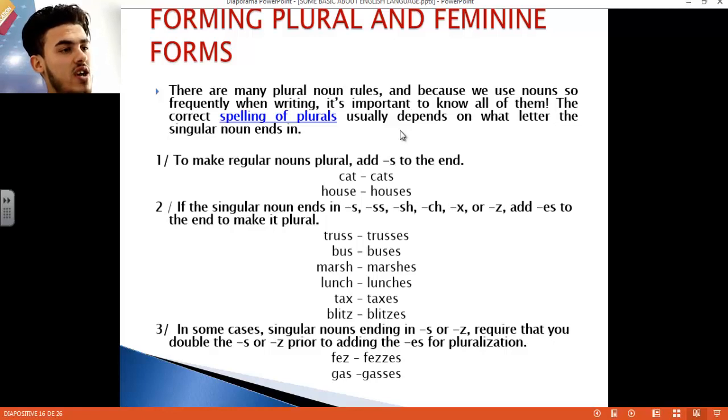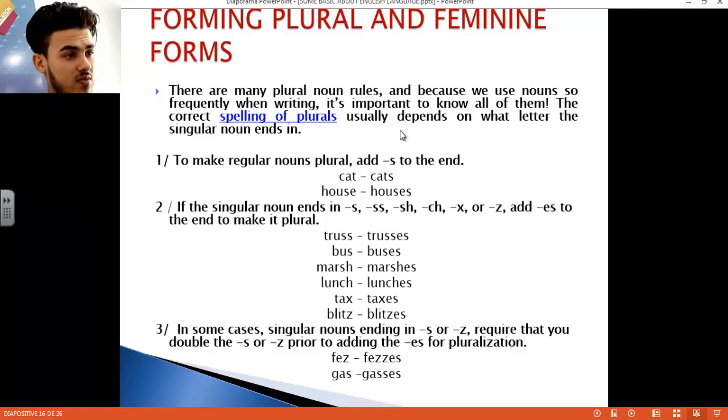The second rule is, if the singular noun ends in s or double s, sh, ch, x, or z, we add an es to the end to make it plural, like truss, trusses, bus, buses.